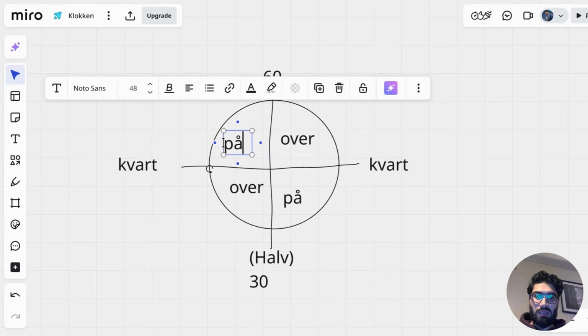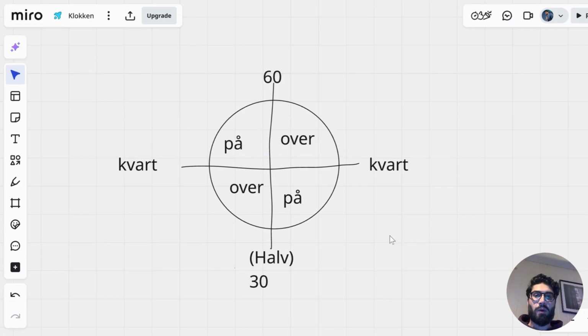And the last one is also på. Over is over, and på can be translated to until or to.